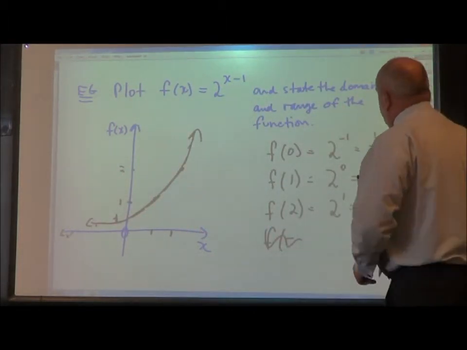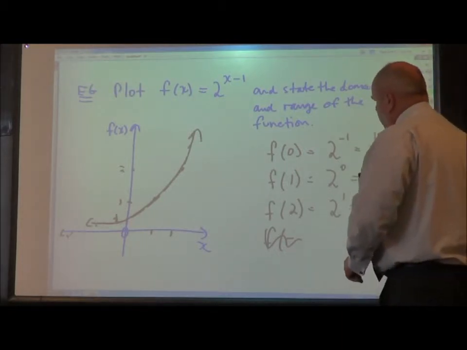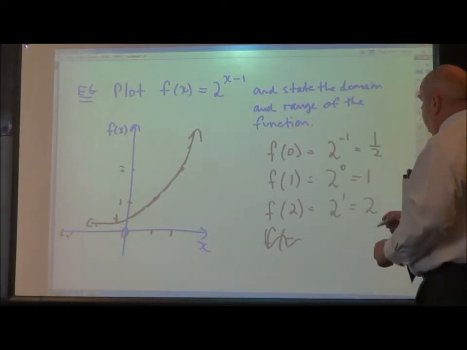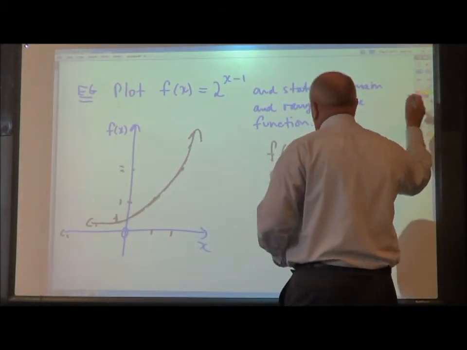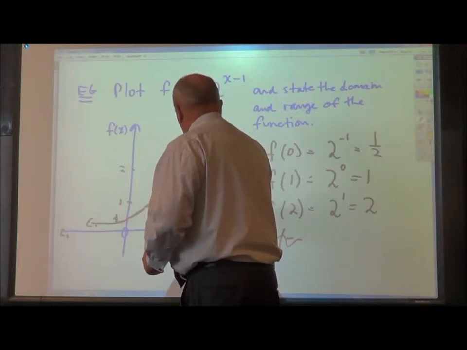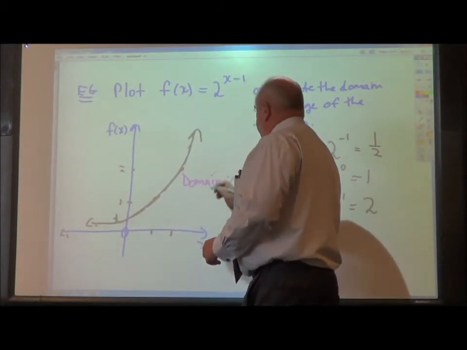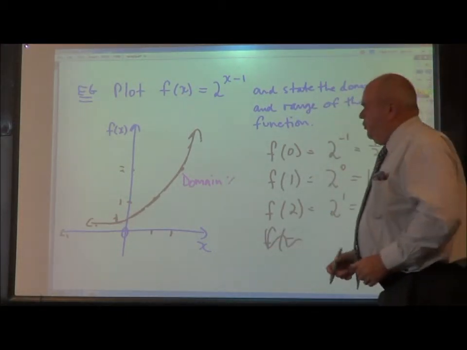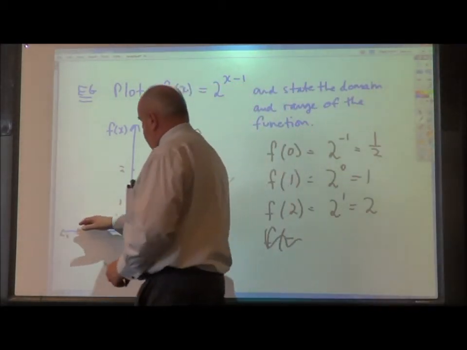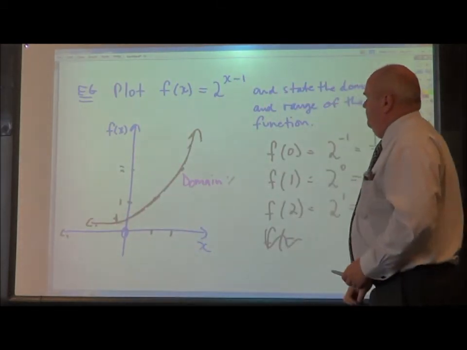So in answer to my question, state the domain and range of the function. Well, this is what we do. We say the domain, just trying to find a nice bit of clear space, there isn't really. Again, it's the set of all x values that my function can have, and there's no value for x that will not yield an output here.